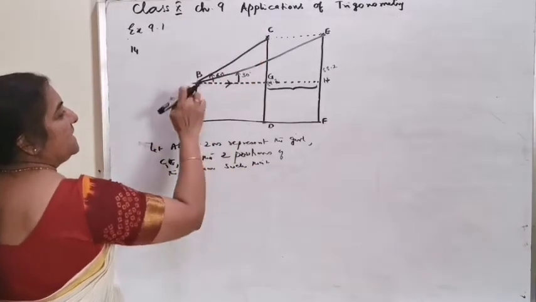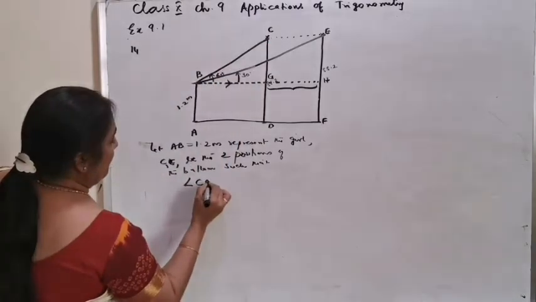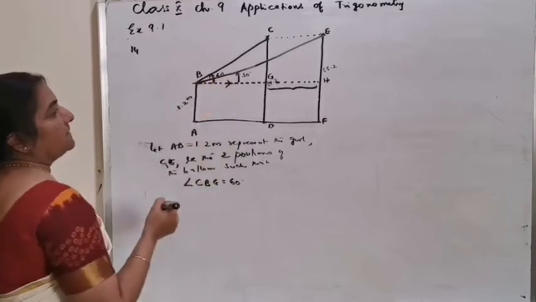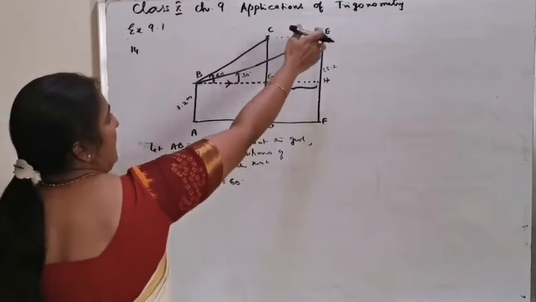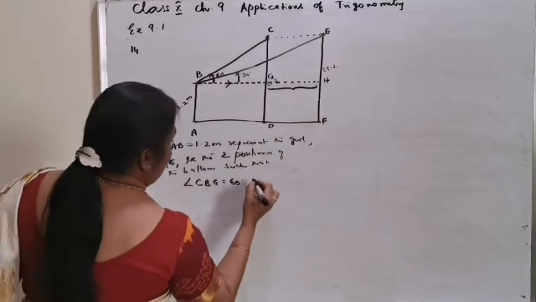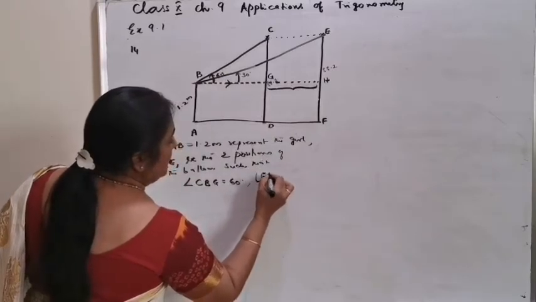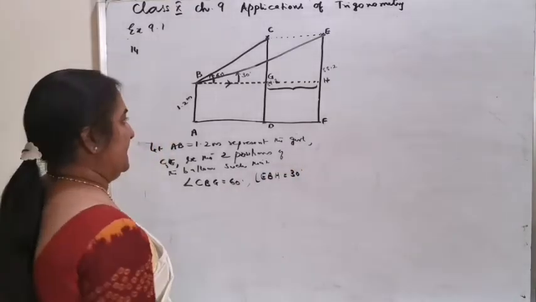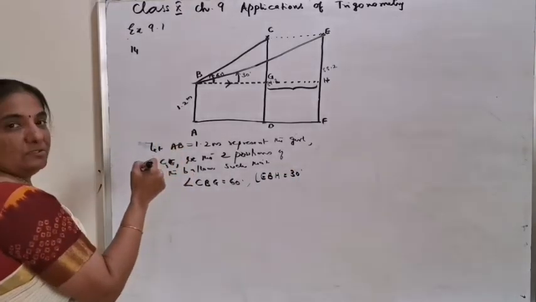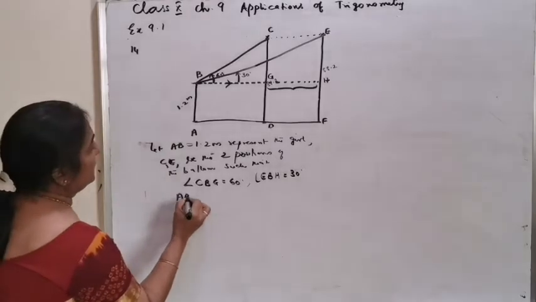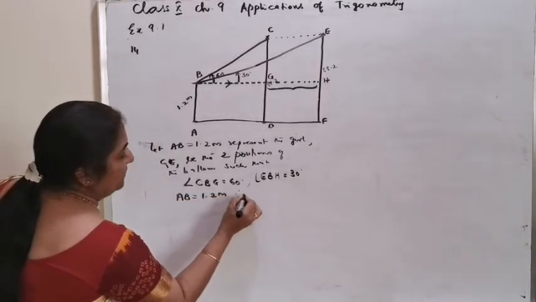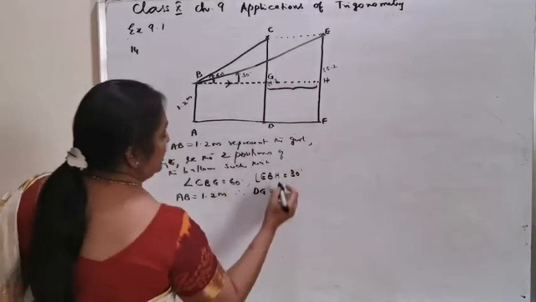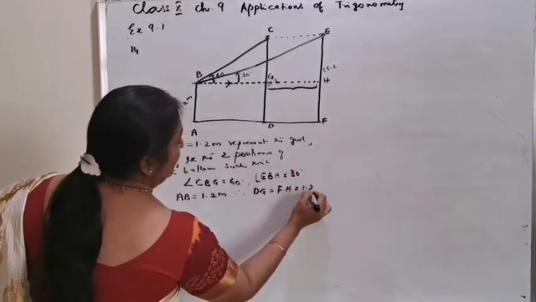Angle CBG is equal to 60 degree, and the next angle is angle EBH. Angle EBH is equal to 30 degree. Now you can talk about the height. Let AB is 1.2. Therefore, the length DG is also 1.2. FH is also 1.2 meter.